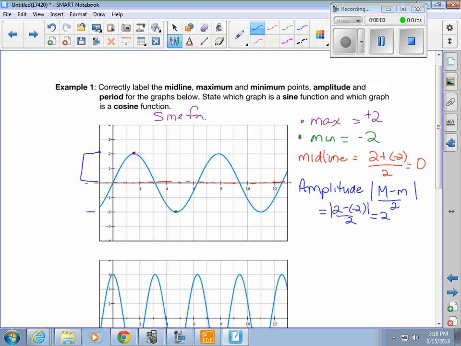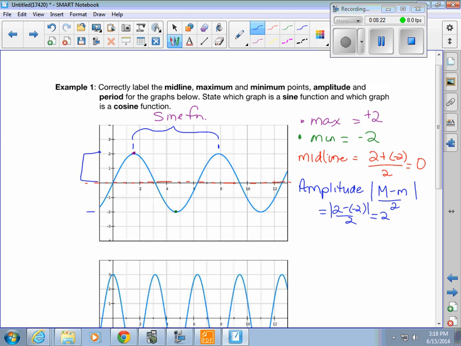Another way to do your period is to go from its highest point to its highest point again. So from this point here to this point here is one period.